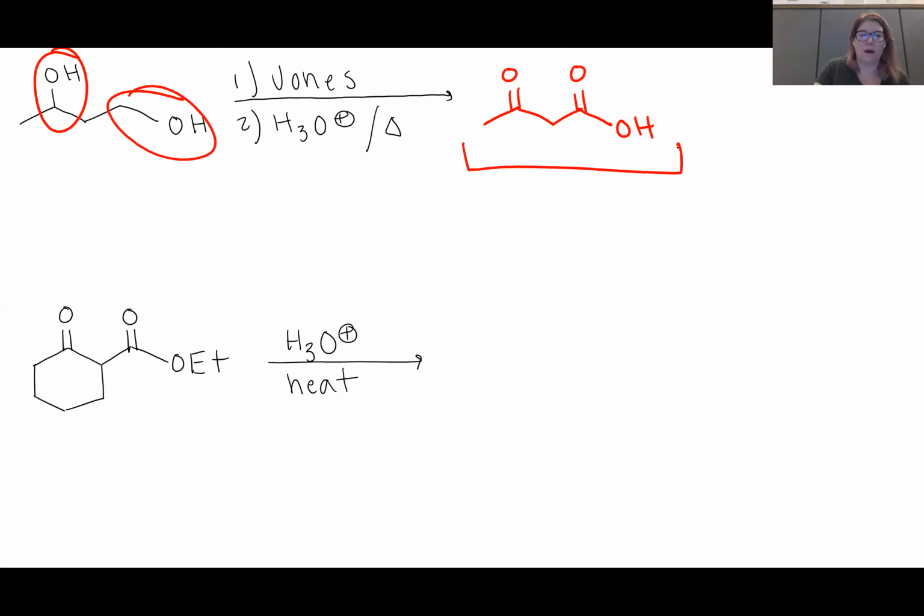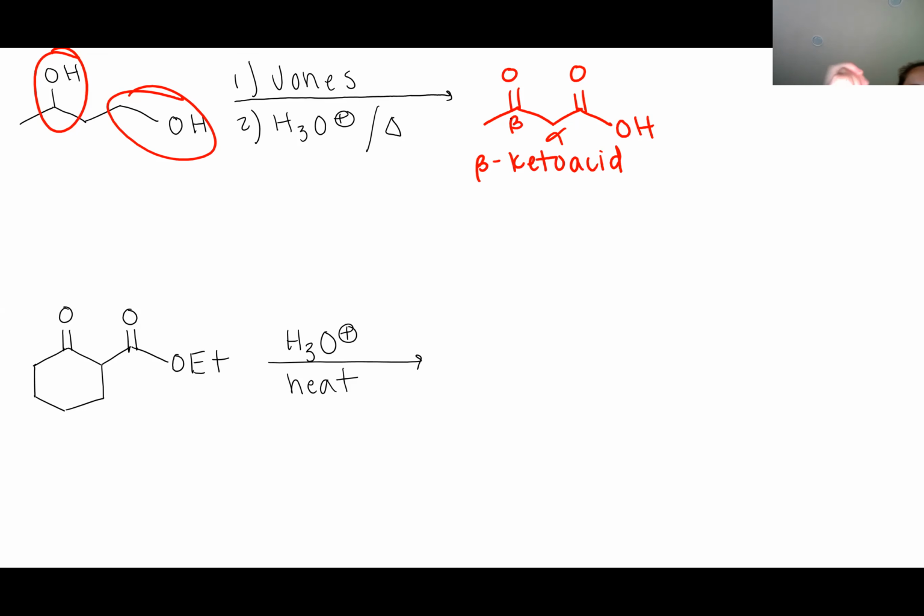Does it ring a bell for anybody? Okay. So we've now made a beta keto acid, which just means that on the beta carbon of this carboxylic acid, there is a ketone.